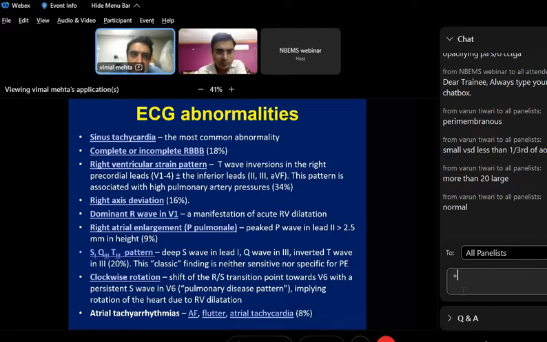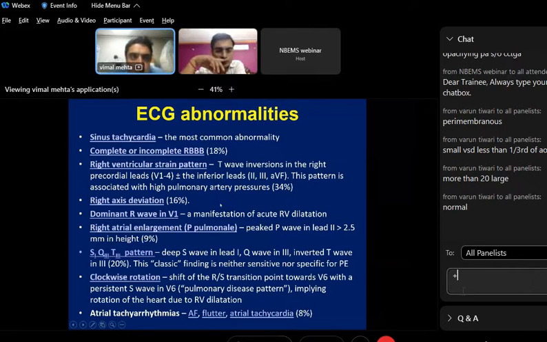And in many patients, as you see the percentages over here, all the features will be present less commonly, especially features like the one we saw in the pulmonary embolism case.